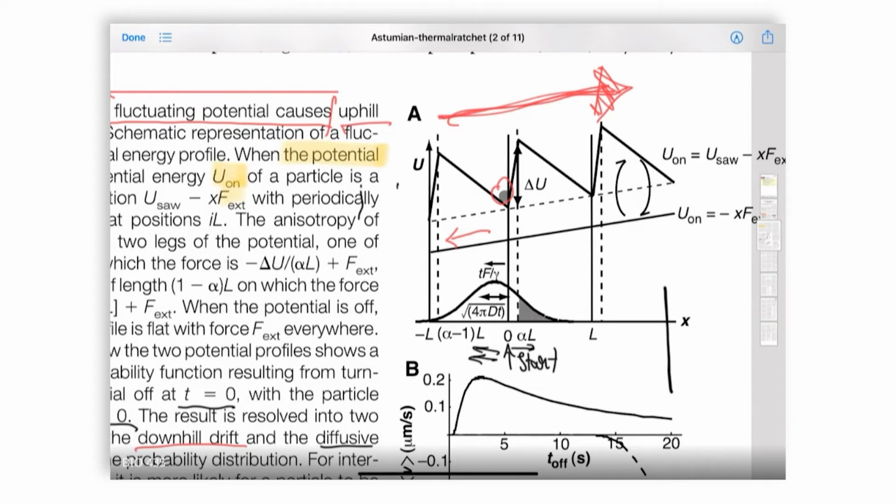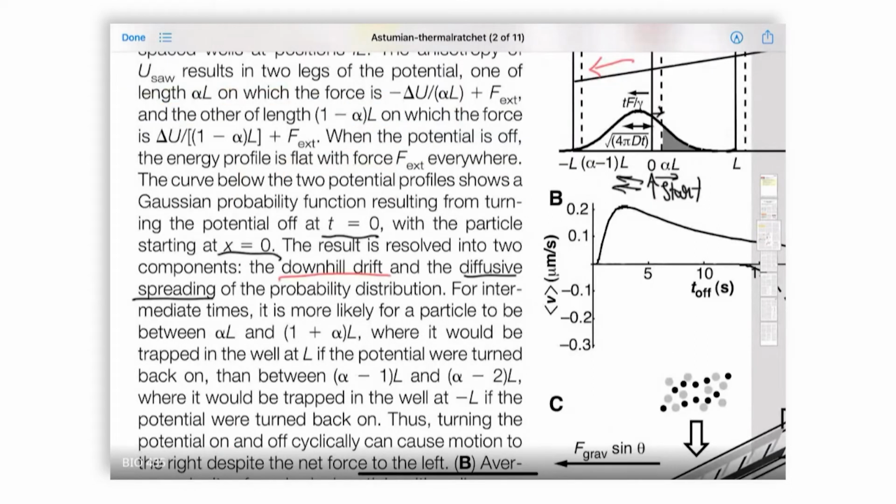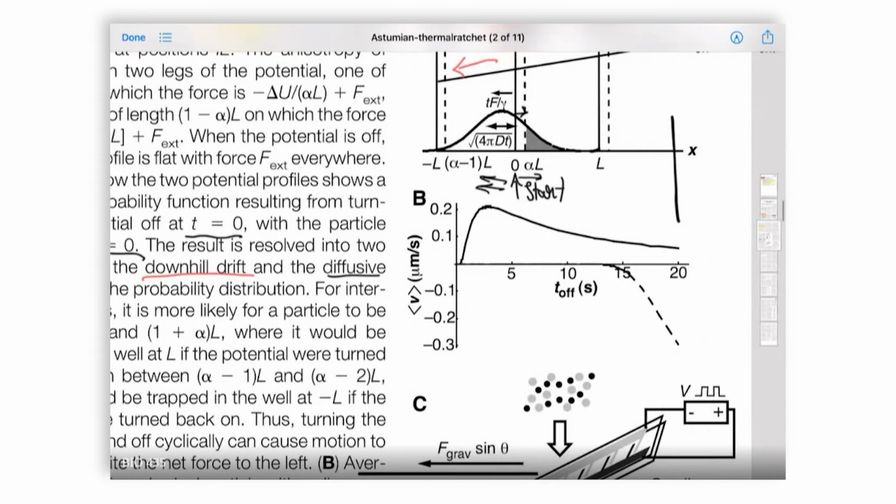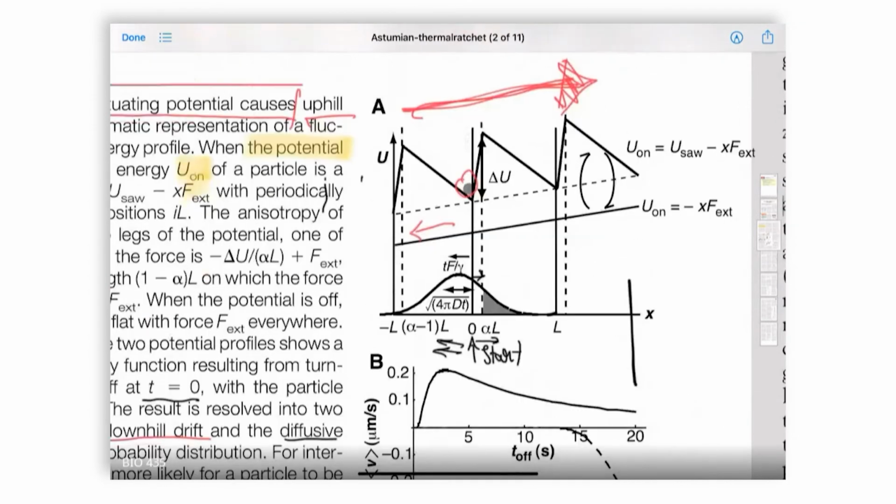The idea is that this is effectively the distance that in an off state it could travel, and 1 plus alpha L is effectively the next point, the next trough.